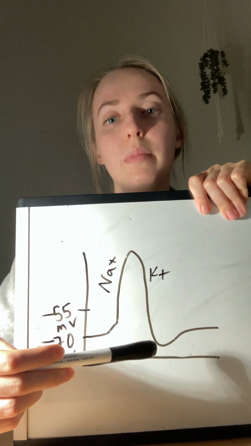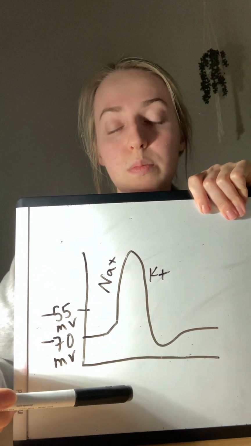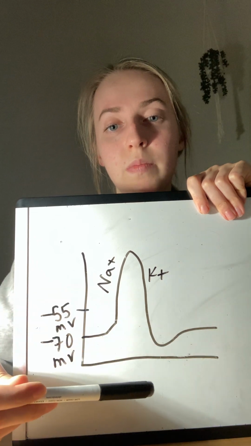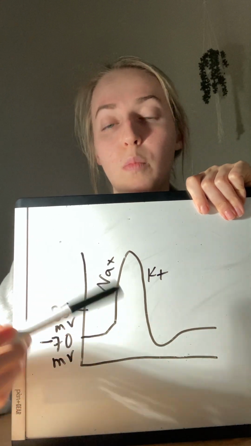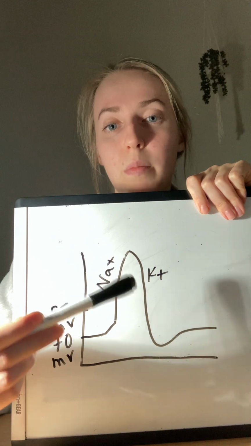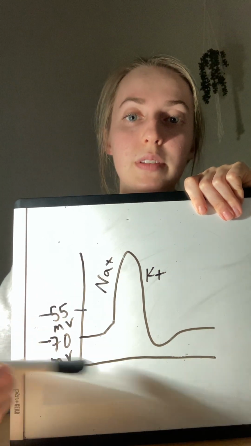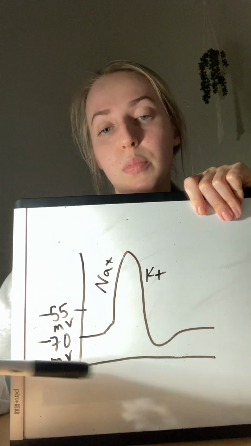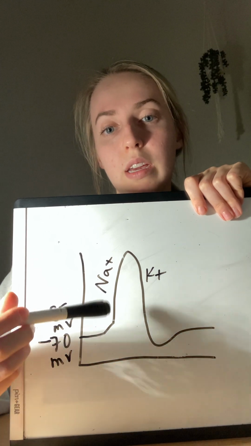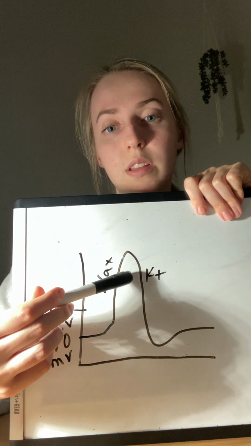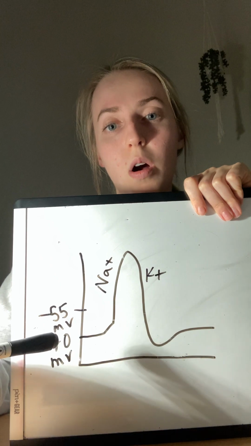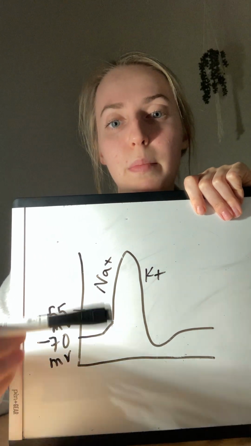So our cells are going to be more negative at this point because we are going back down. So sodium comes in, become more positive. Potassium comes in, become more negative. So that's just a simple diagram showing the depolarization and the repolarization of the heart due to sodium and potassium.